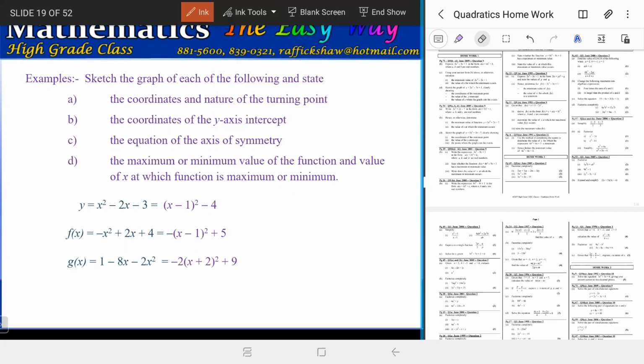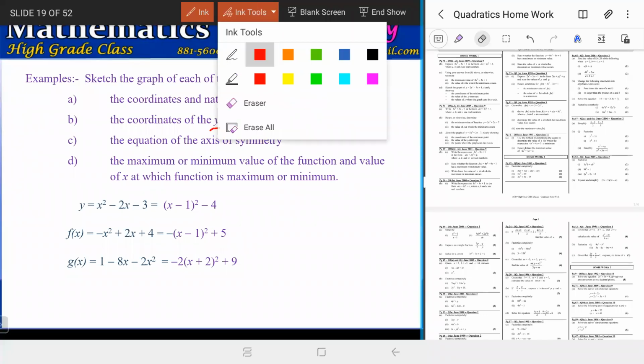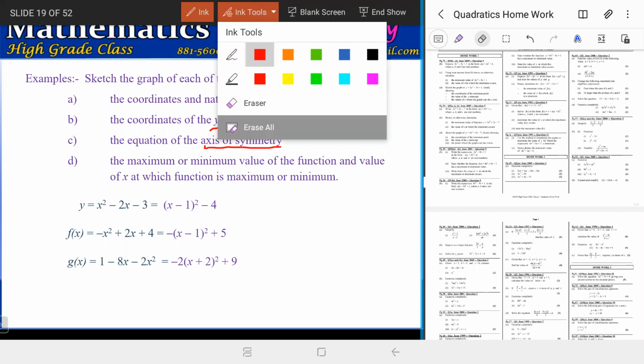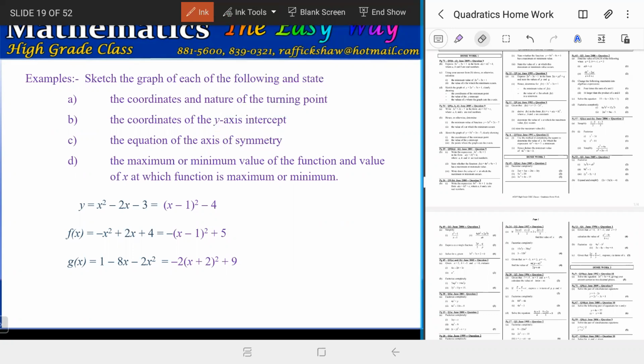They might ask for the coordinates of the y-axis intercept, or they might ask for the axis of symmetry. When they ask you for the nature, the word nature of the turning point is simply referring to whether the turning point is a maximum or a minimum.